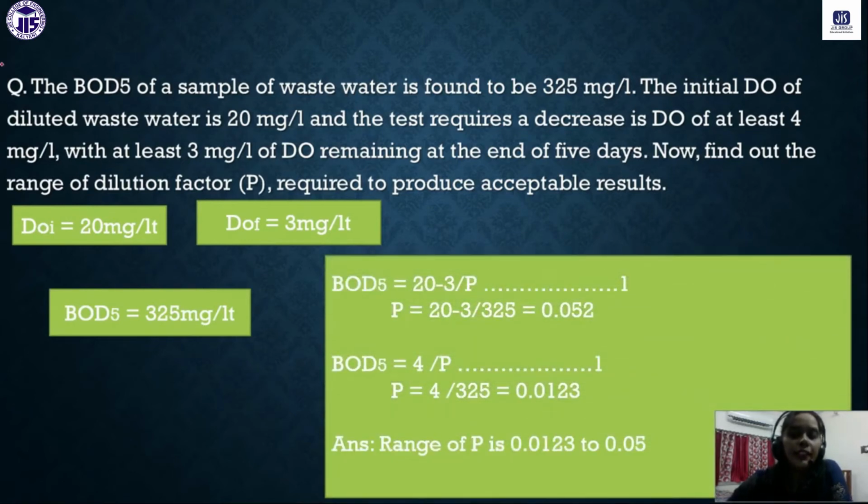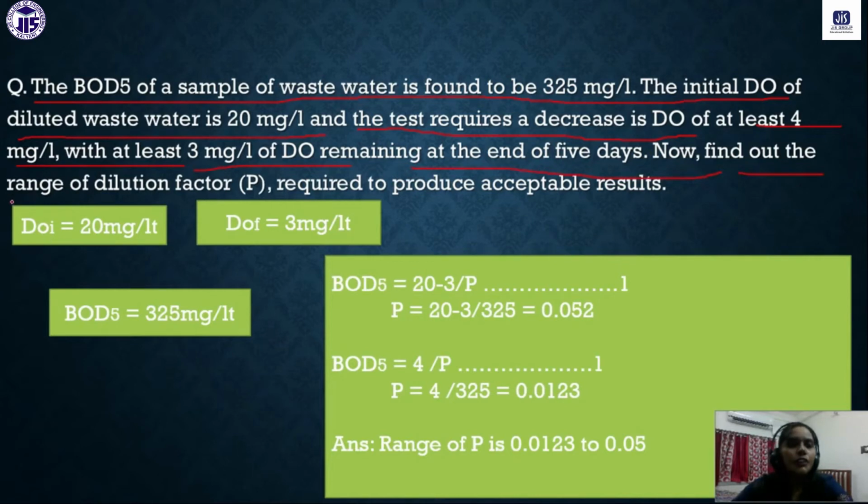So next problem. The BOD 5 of a sample of wastewater is found to be 325 milligram per liter. The initial dissolved oxygen of diluted wastewater is 20 milligram per liter, and the test requires a decrease in dissolved oxygen of at least 4 milligram per liter, with at least 3 milligram per liter of DO remaining at the end of the 5 days.